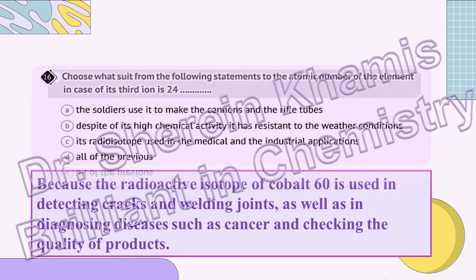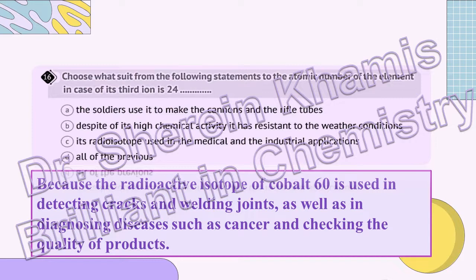So it depends on it. We use it in different uses that we have. The third ion means that it loses electrons, and we have atomic number 24. We use cobalt 60 in detecting cracks and welding joints, as well as in the diagnosis of diseases such as cancer, and in checking the quality of products.